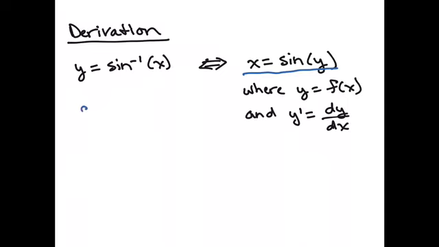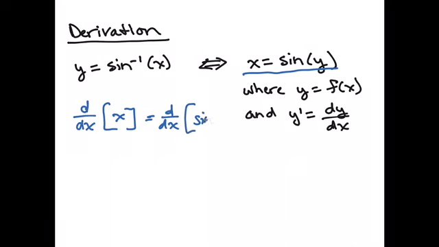If I take the derivative of both sides of this equation, x equals sine of y, then the derivative of x is 1. The derivative of sine is cosine, so we'll get a cosine of y.